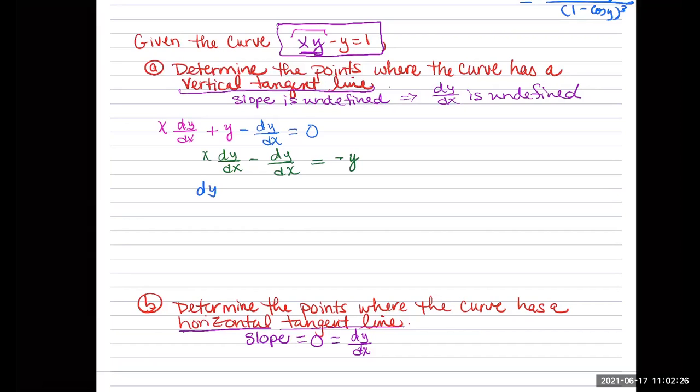I've done that a couple of times now, so I'm doing that a lot faster and just writing it down, but please stop me if I do a step that doesn't make sense. And so I get dy/dx is equal to minus y over x minus 1.